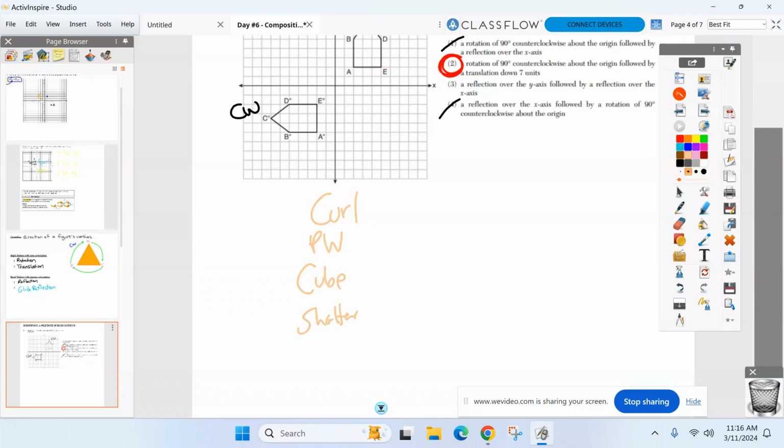Slide left, slide right. How many are there? What's that?